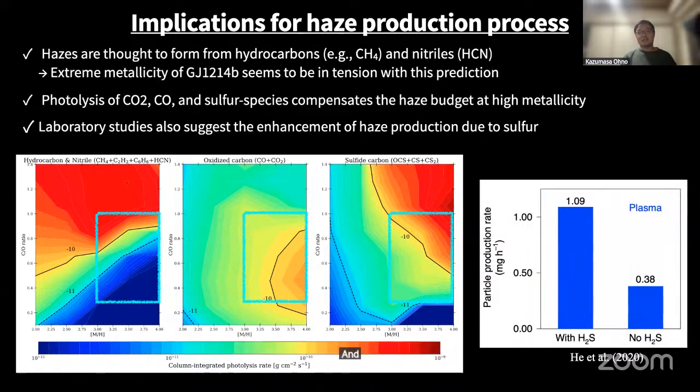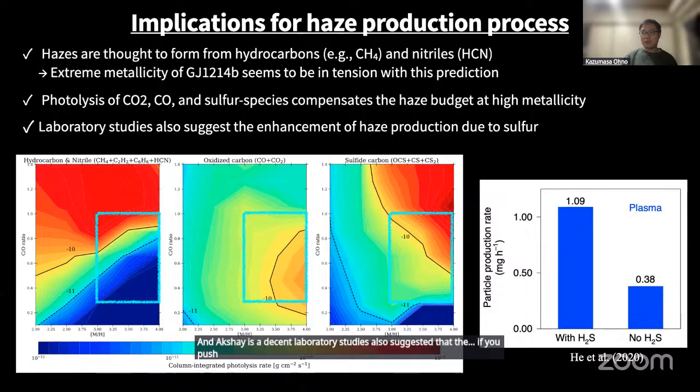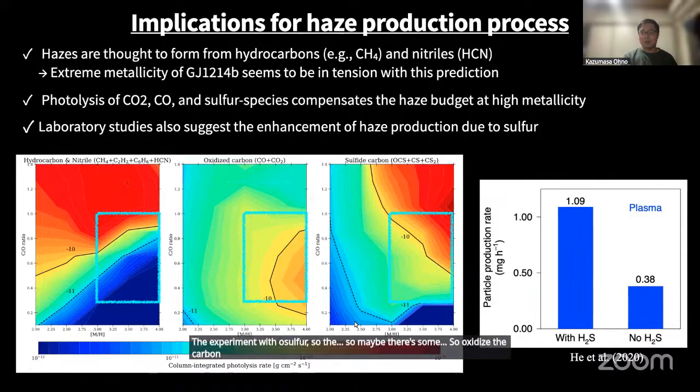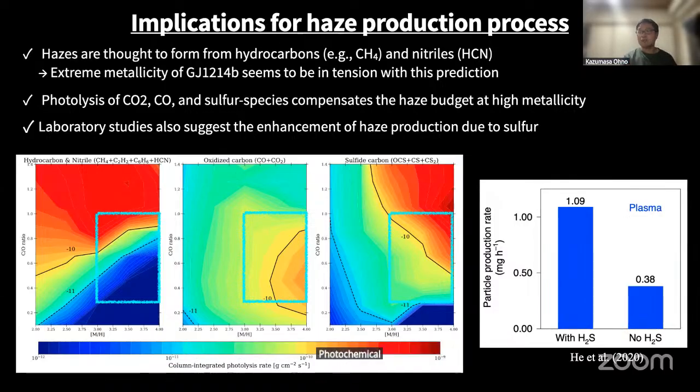And actually, recent laboratory studies also suggested that if you put a trace amount of sulfur in the haze ingredients, the production rates can be noticeably higher than in the experiment without sulfur. So maybe the oxidized carbon and especially sulfur may play a key role in forming the photochemical hazes in exoplanets.